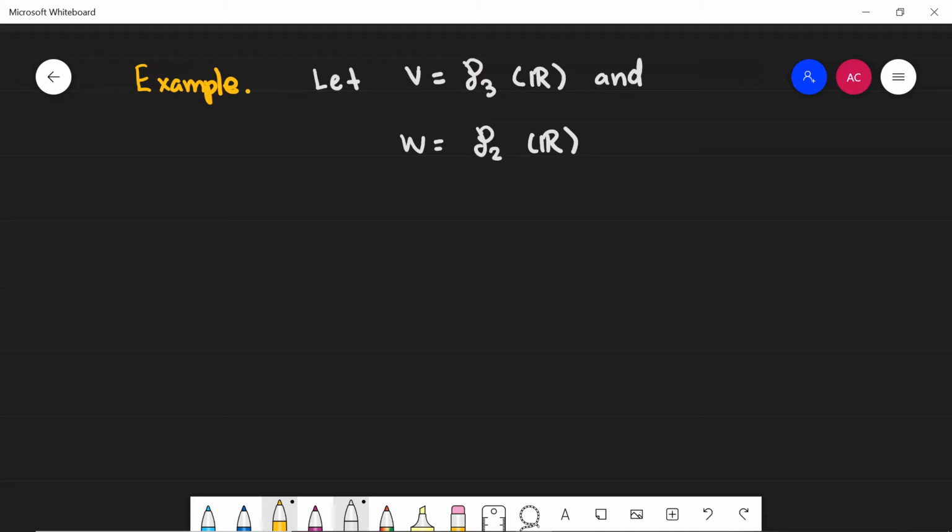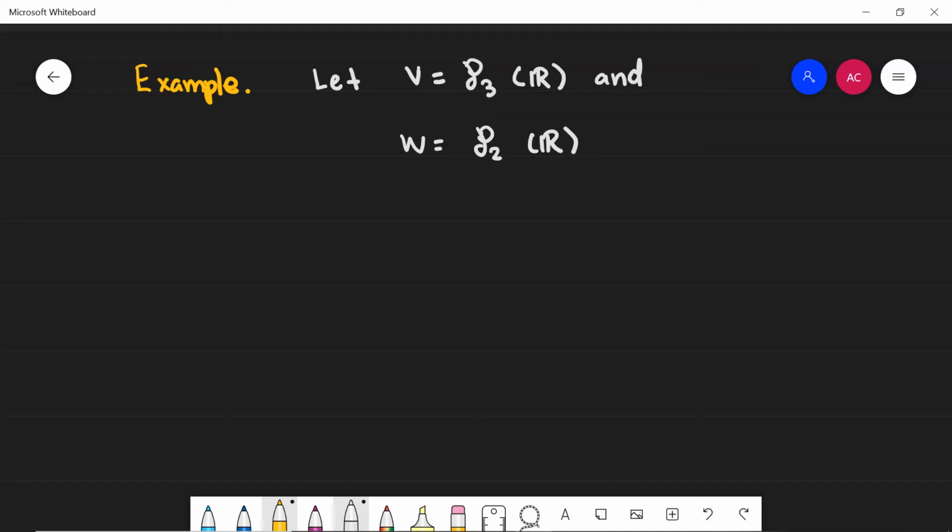One thing to note is that P3 is going to be isomorphic to R4, and P2 is going to be isomorphic to R3. That's exactly what we just talked about in the review. Because P3 is 4-dimensional and P2 is 3-dimensional, I get isomorphisms to R4 and R3.